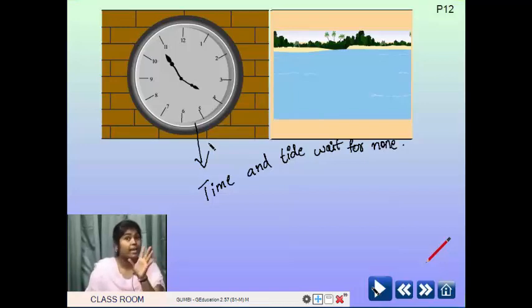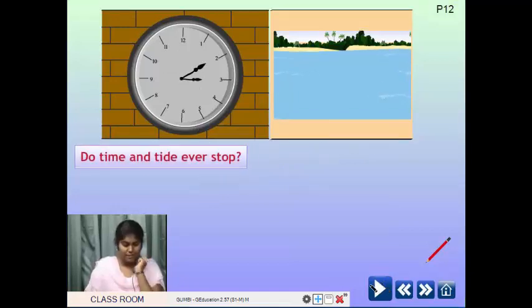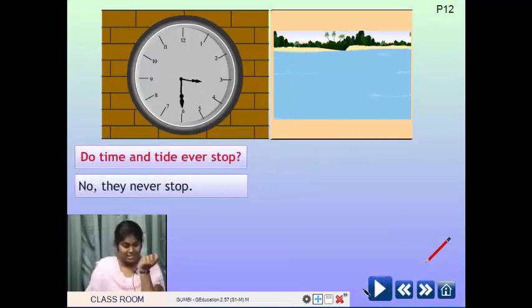And you should never say, okay, I'll do my work tomorrow. Should never postpone it, children. You should do your work now. That is, at that moment, you should start doing your work. You should never postpone your work. So that is what this proverb tells you. That is, time and tide wait for none. So they never stop.